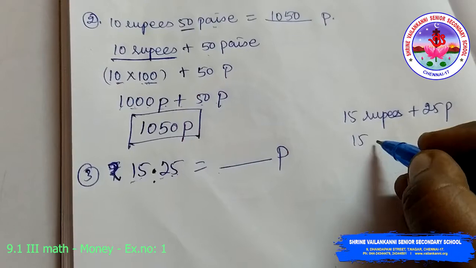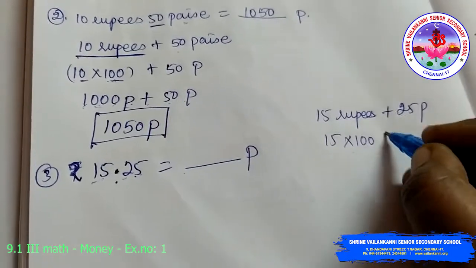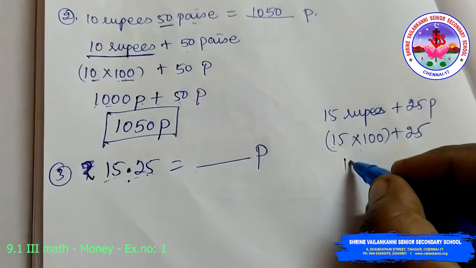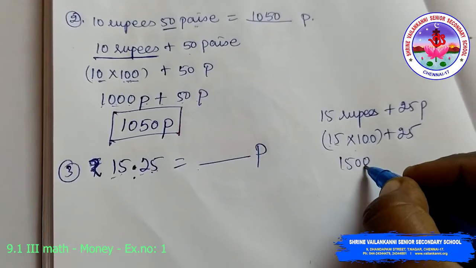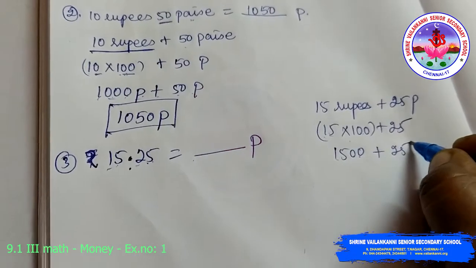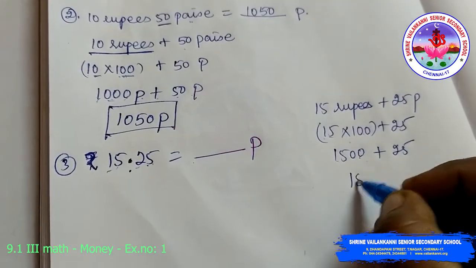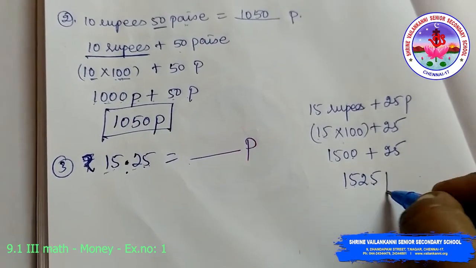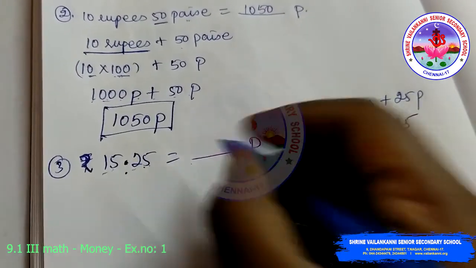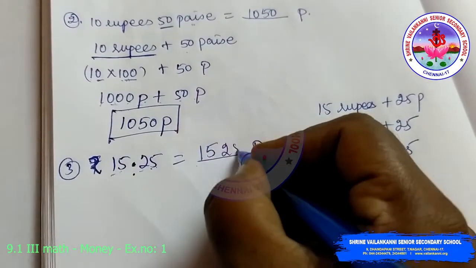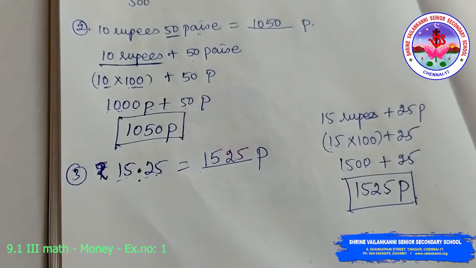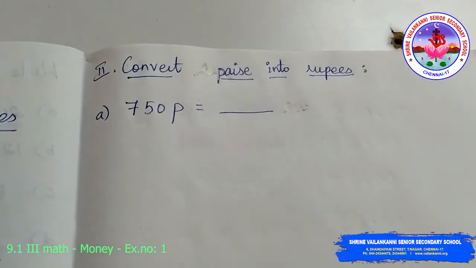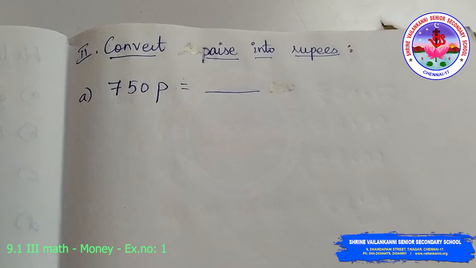This 15 has to be multiplied with 100 plus 25. When you multiply, you will get 1500 plus 25. When you add, you will get 1525 pies.